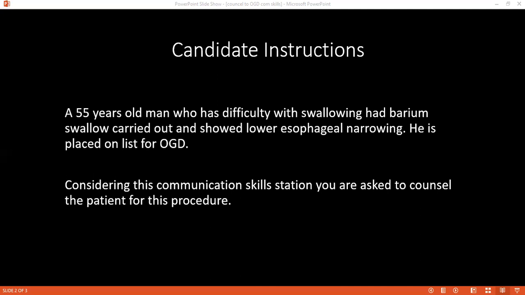Also, we can take a few samples from the lining of your food pipe, and this will be done through introducing the endoscope through your mouth under sedation that will make you drowsy and feel no pain.